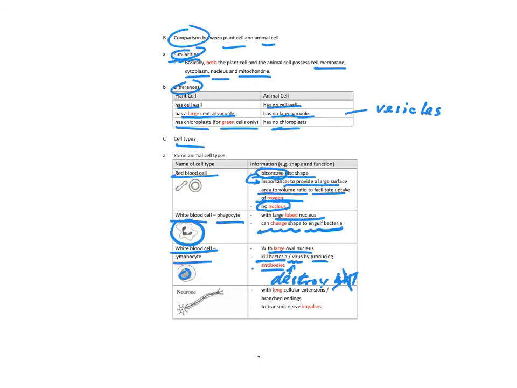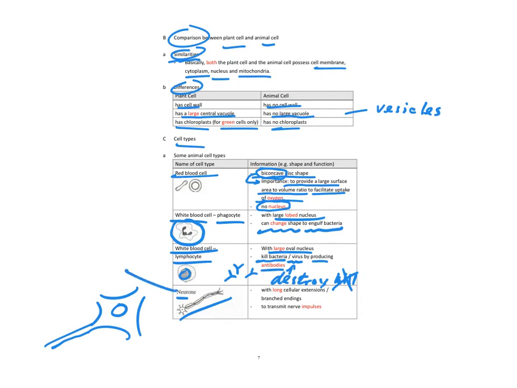These antibodies are Y-shaped protein molecules, and they are responsible for killing bacteria and virus, and destroying or damaging the structure of virus. Another type of animal cell would be neuron. It is drawn like this. This is the nucleus, and this is how you represent the neuron.